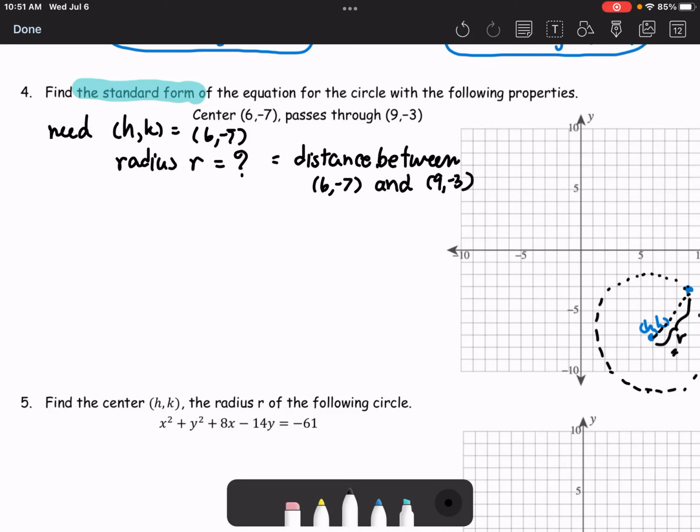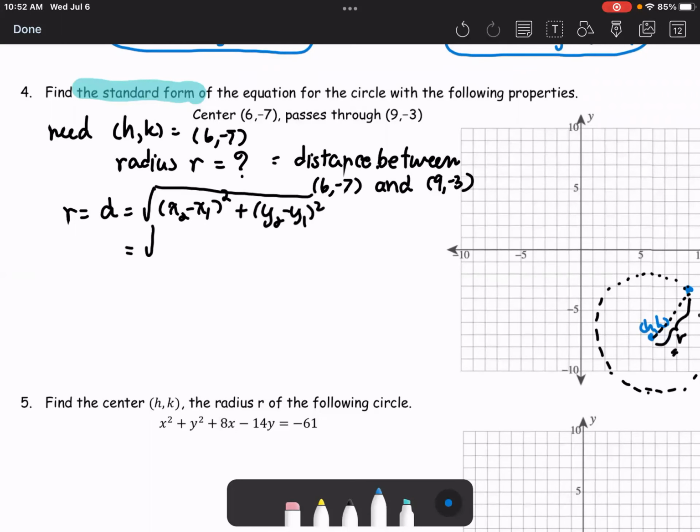So to find R, use the distance formula, which is the square root of (x2 minus x1) squared plus (y2 minus y1) squared.